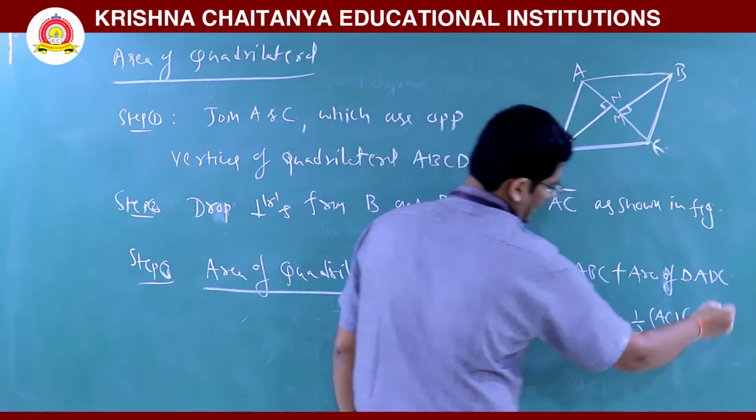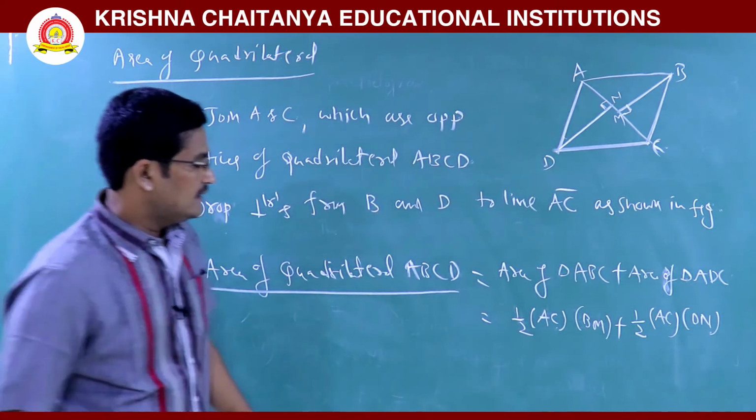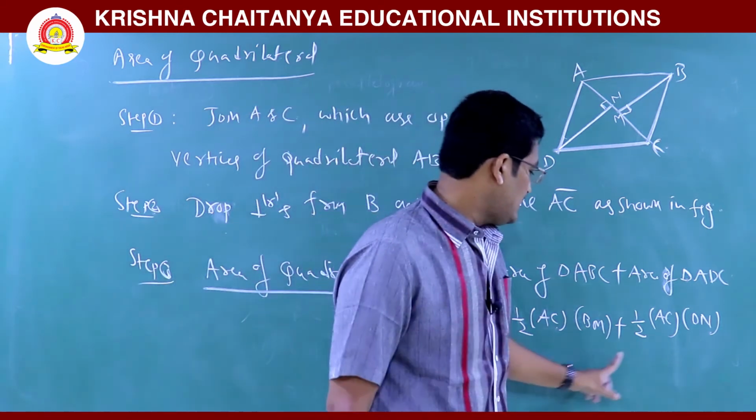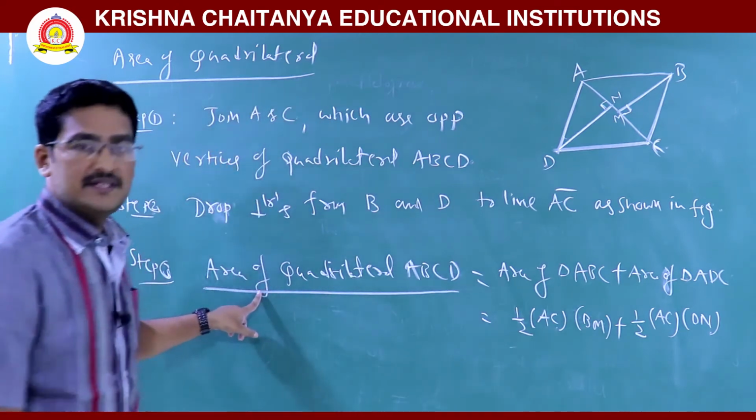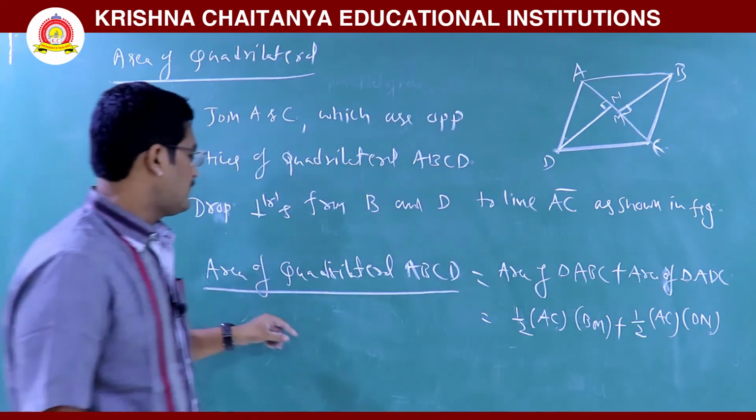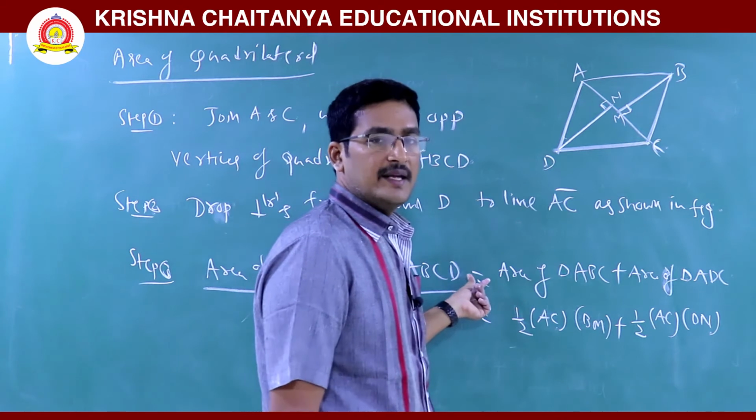By calculating this triangle area and this triangle area and adding these two, you will get the quadrilateral area ABCD. This is the way to find the quadrilateral area ABCD.